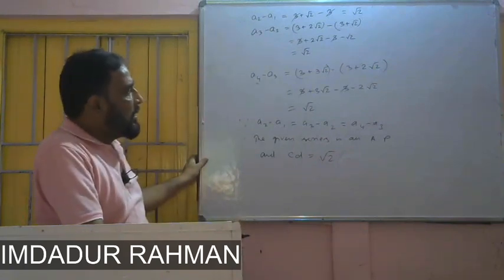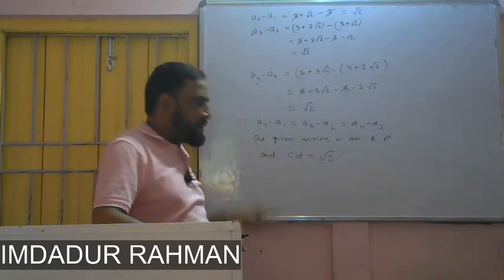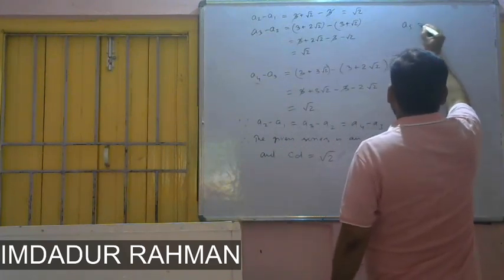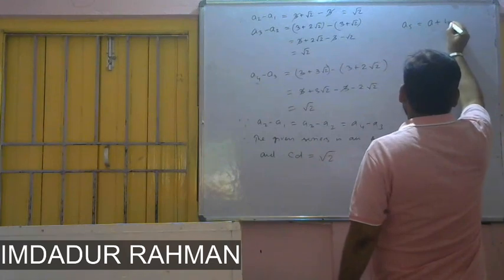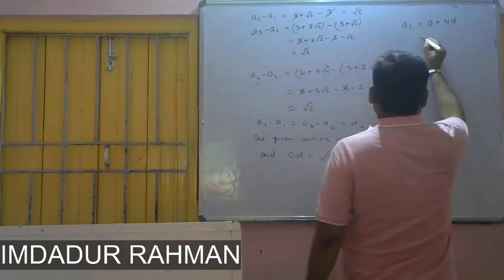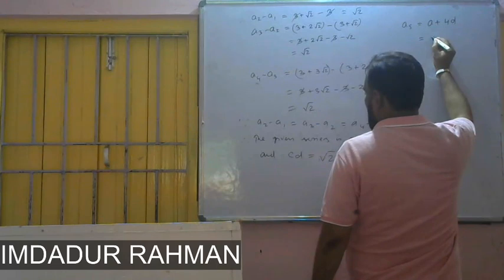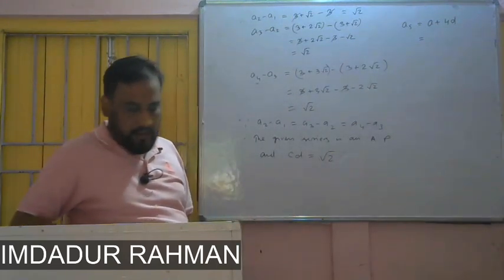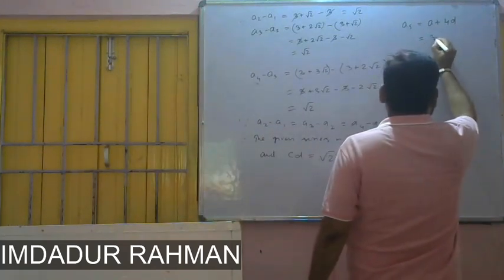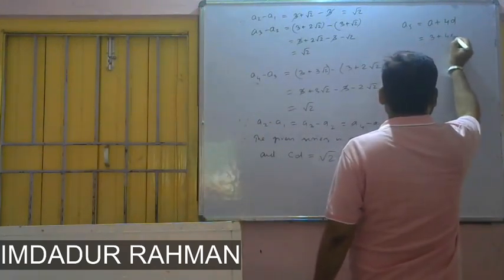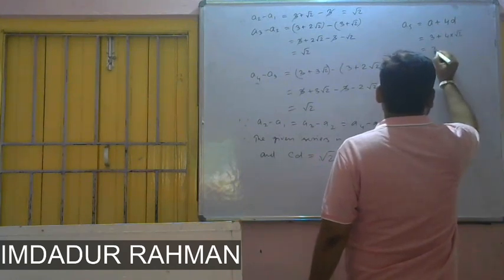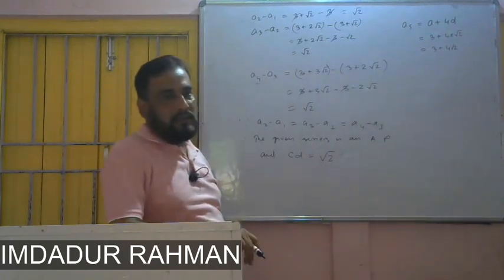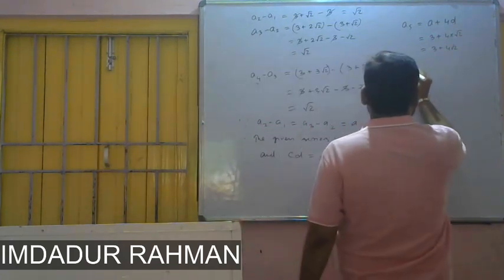Okay. Now we will proceed for the next 3 terms, that is A5. Now A5 is equal to A plus 4D. So what is A? A is 3, plus 4 into root 2, is equal to 3 plus 4 root 2. So A5 is 3 plus 4 root 2. Now A6.